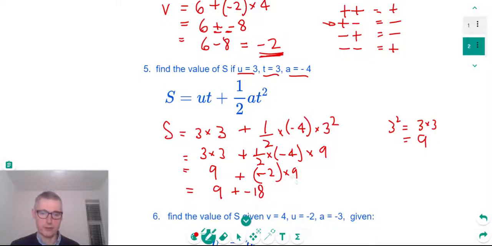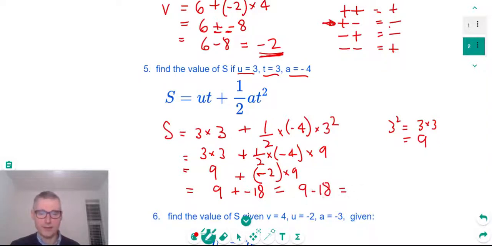Negative times positive gives us a negative. And then I'm just going to say 9, and then the plus or minus from before, plus minus there, gives us a minus. So that will become 9 minus 18.